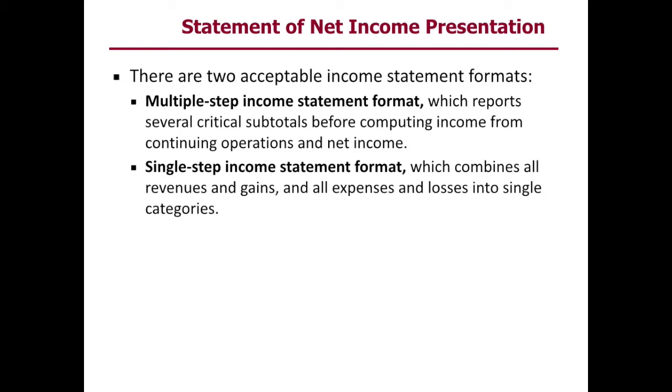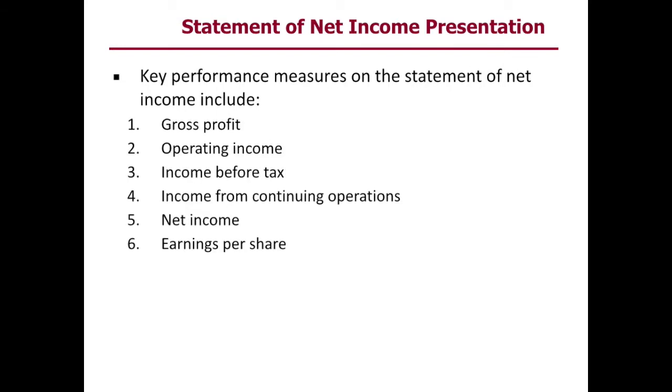So let's take a look at what those key performance measures are in a multi-step income statement. The first one: we take our revenues minus typically our largest cost, which is cost of goods sold, to get gross profit. Then from gross profit, we subtract out our operating expenses to find operating income.